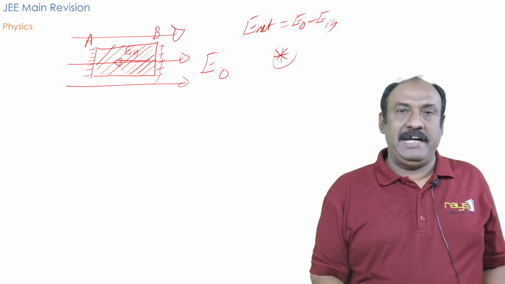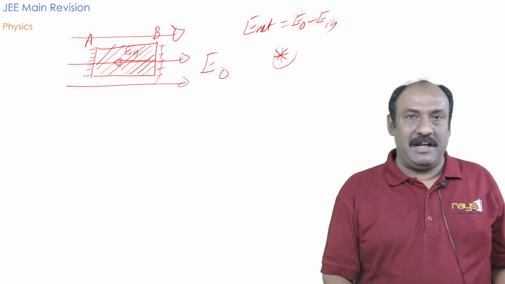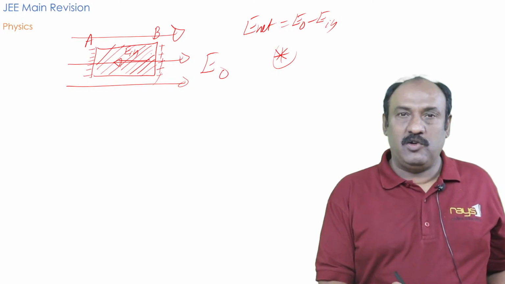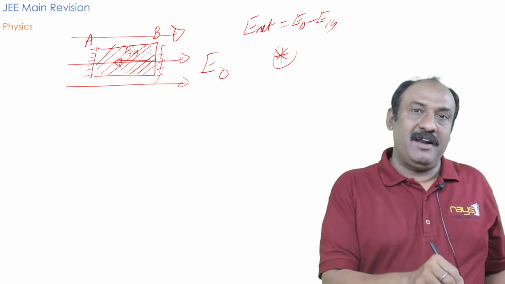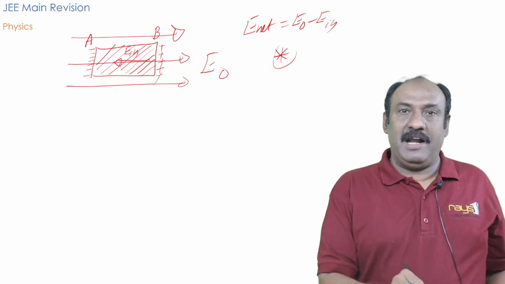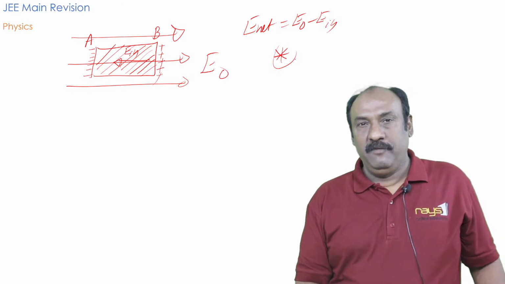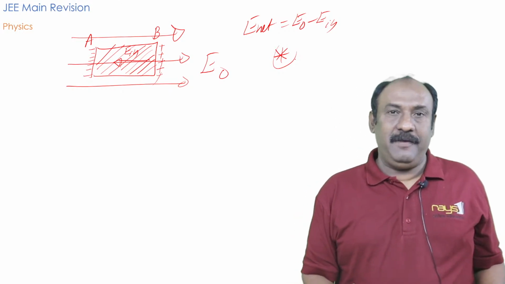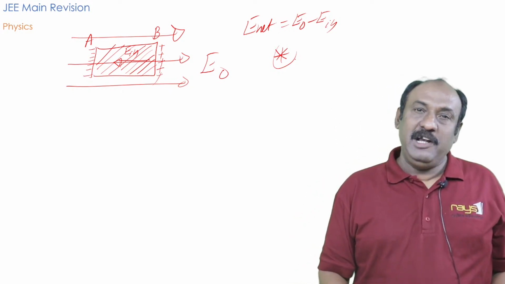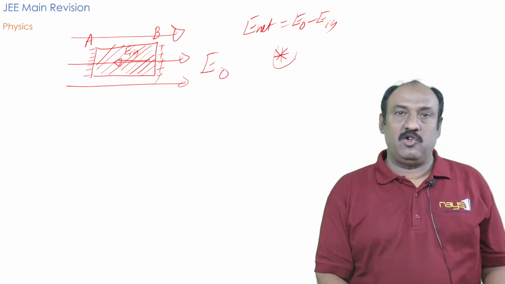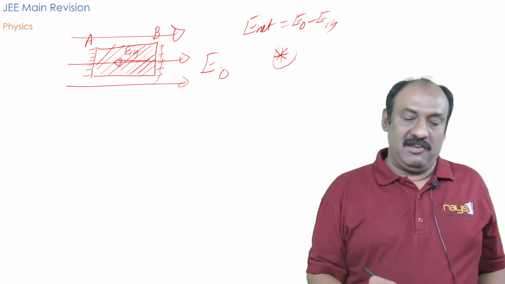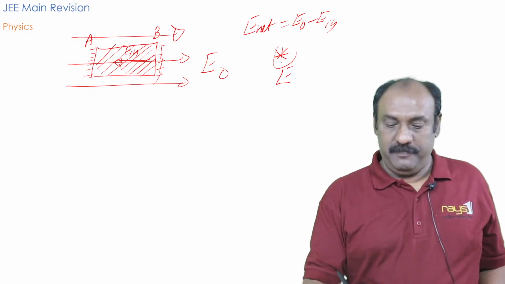At any point outside the rod, you have to consider both the external field and the field induced in the rod for calculation of the net electric field at this point.